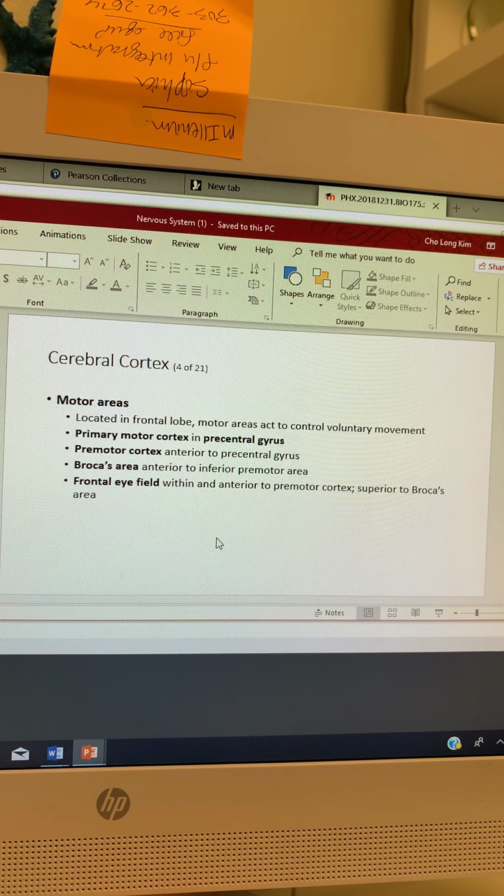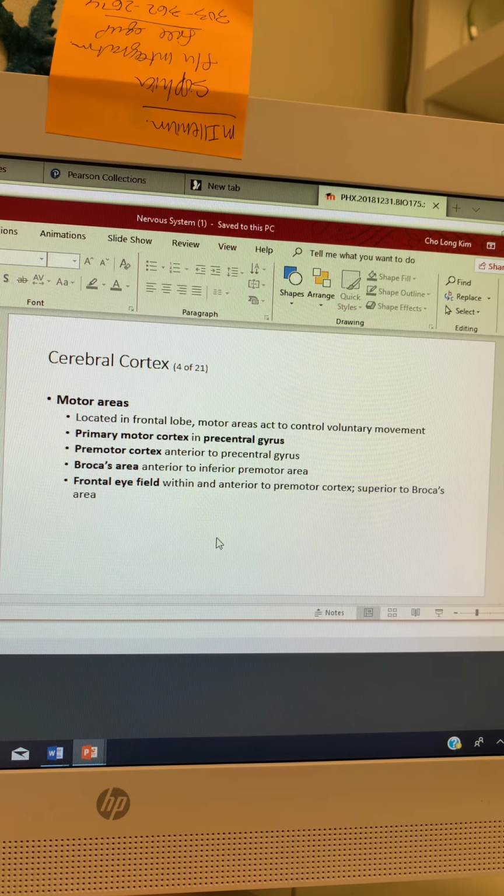Primary motor cortex is in the precentral gyrus. Premotor cortex is anterior to the precentral gyrus. Broca's area is anterior to the inferior premotor area, and the frontal eye field is within and anterior to the premotor cortex, which is superior to Broca's area.